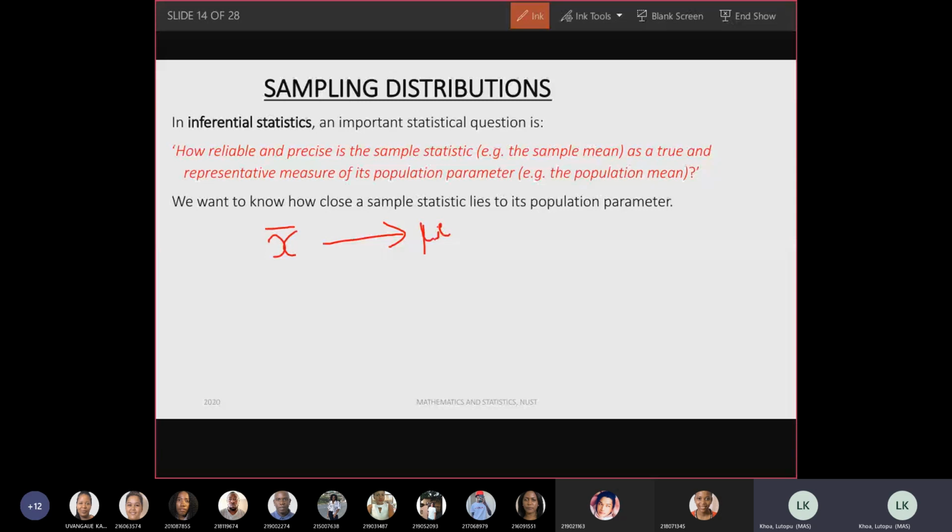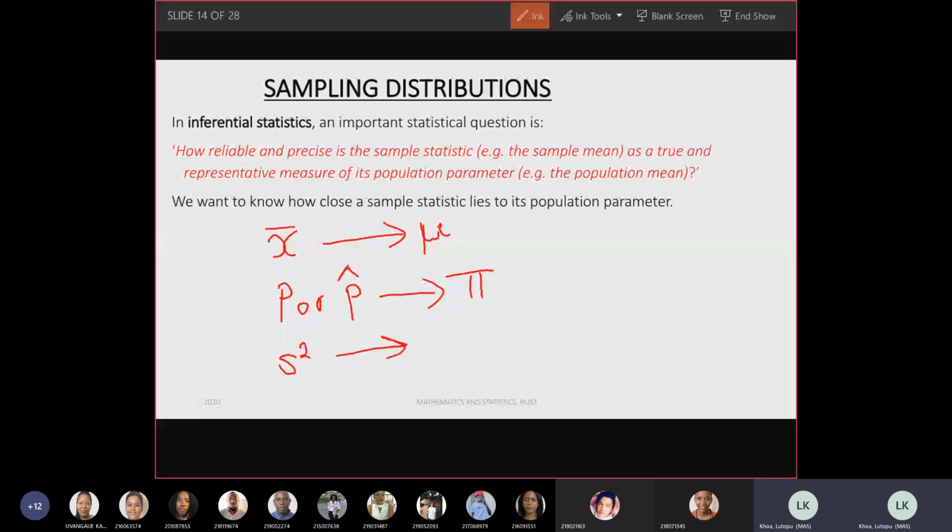Then we have P, or you'll see it written like this, P hat, and this represents pi, which is the proportion in the population. Okay, we also have S, or S squared.